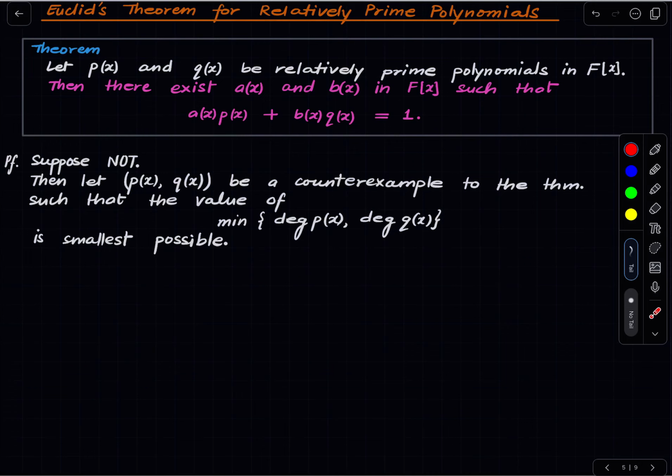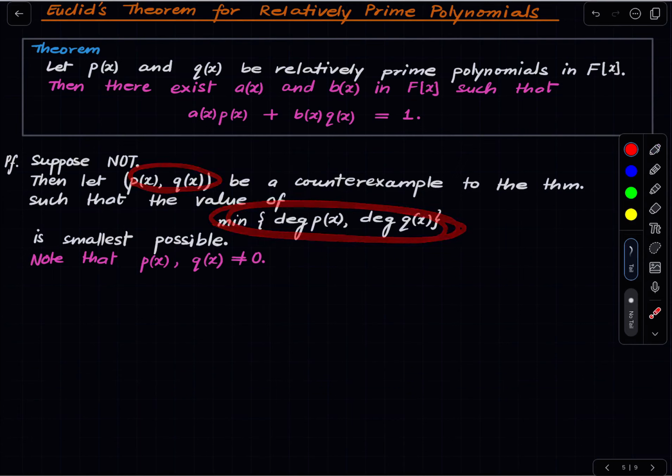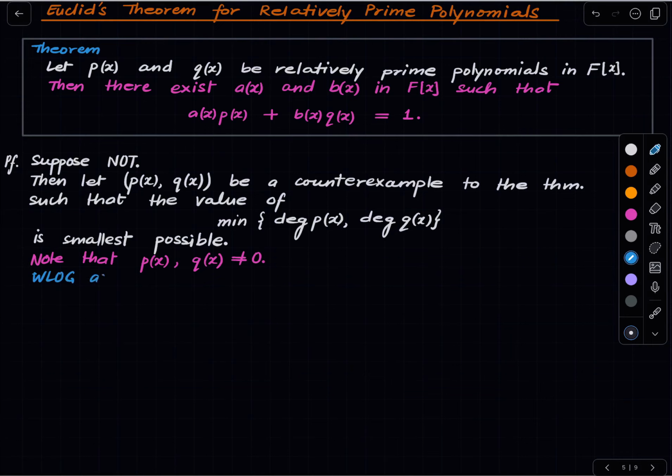Alright, so let us just note that p(x) and q(x) are non-zero. Okay, so we pick a counterexample of minimal possible size in this sense, and we may, without loss of generality, assume that the degree of p(x) is at most the degree of q(x).